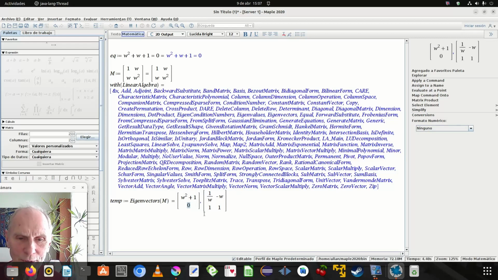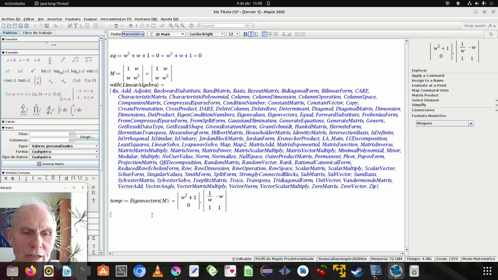But of course, when we take the Fourier transform, we are working with real coordinates, not integral coordinates. So minus omega, 0, 1 is the eigenvector with eigenvalue 0, and 1, omega, the one with eigenvalue omega squared plus 1.